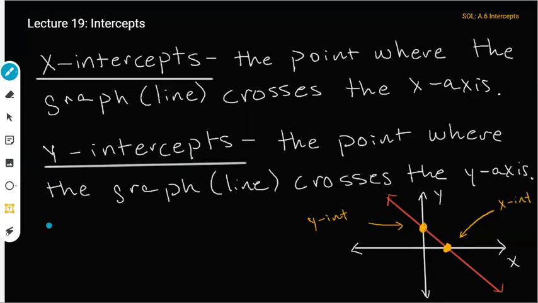All right, so to find the X-intercepts, we're going to let y be 0. And if we want to find the Y-intercepts, we're going to let x be 0.